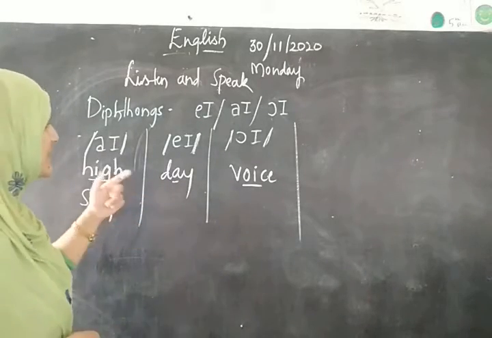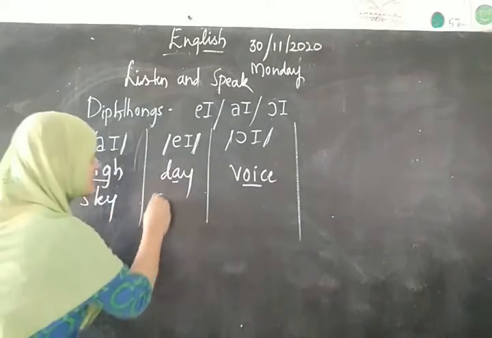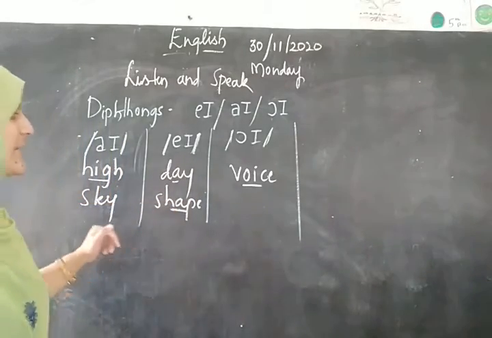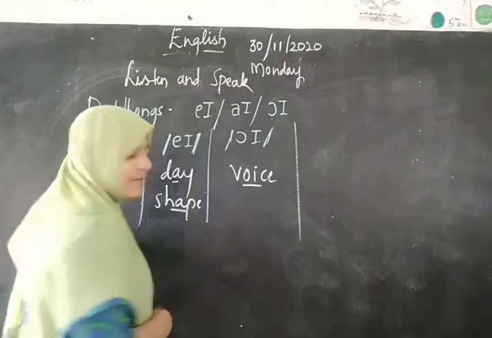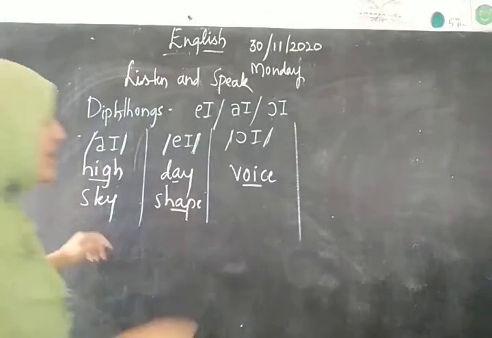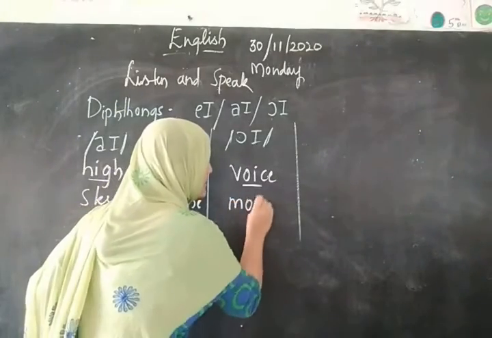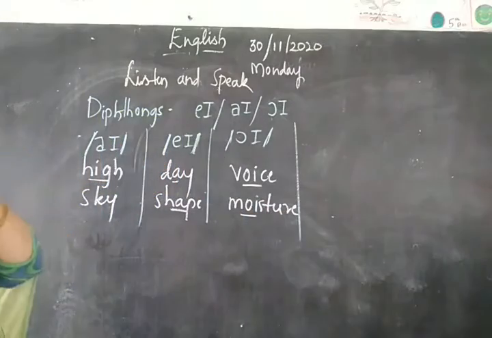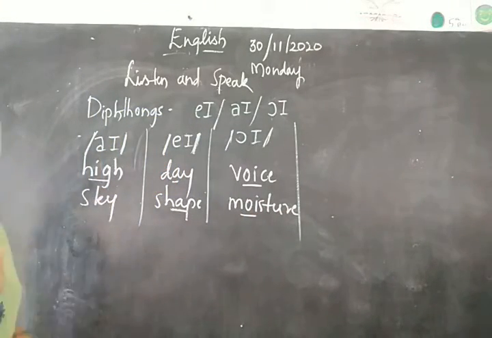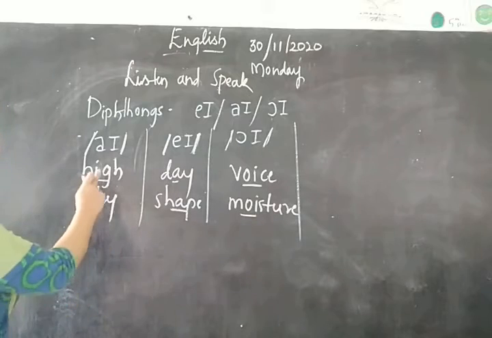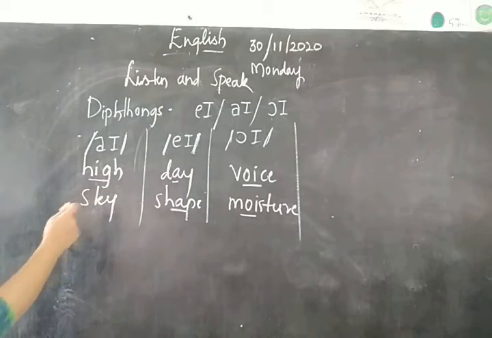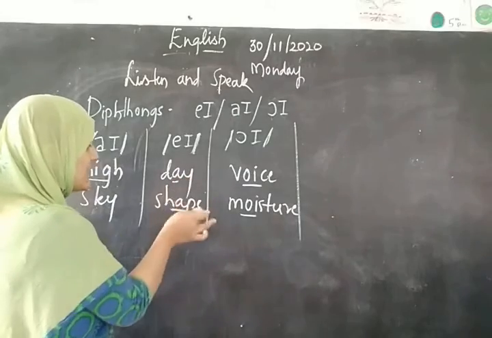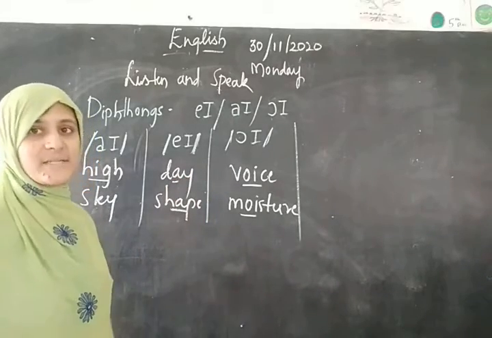And here is day, or shade. See, the A sound in shade. Another example for the voice sound is moisture, with the OI sound. In this way you have to learn the words. These are diphthongs. High, sky, you can also give fly as an example. Day, shade, made.